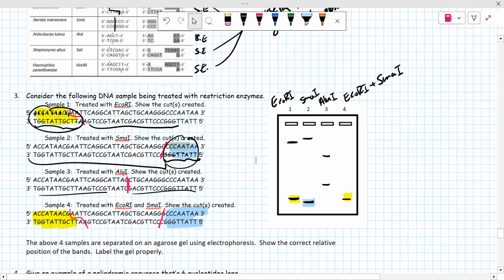Okay, so you're going to have another one down here. And then you're going to have a middle piece here. So this middle piece is probably somewhere here. That's it. That's how you do the gel.